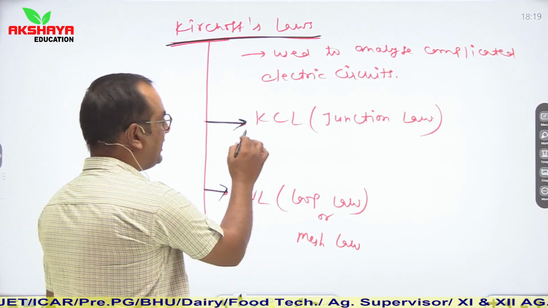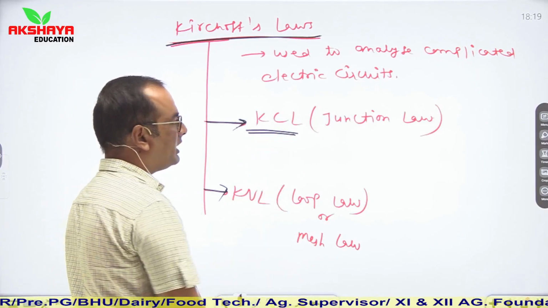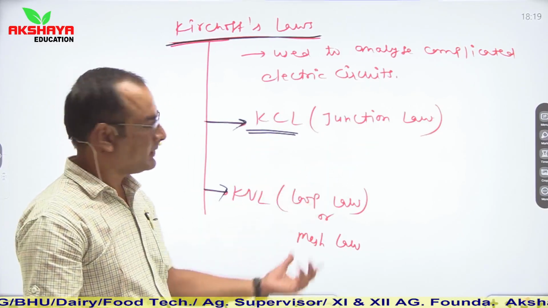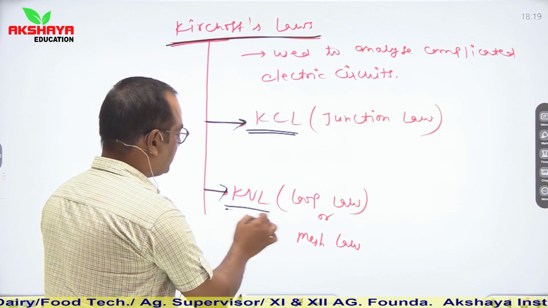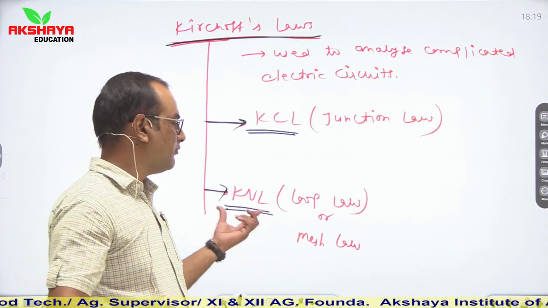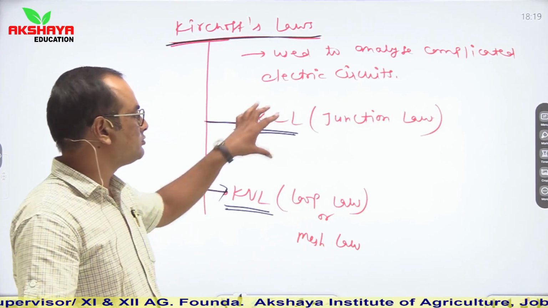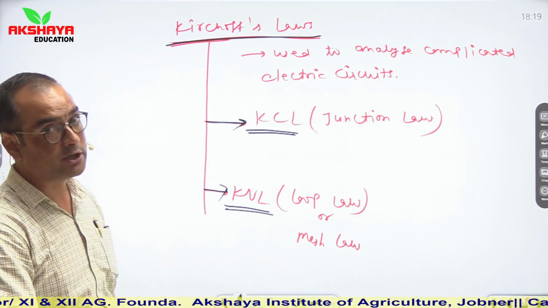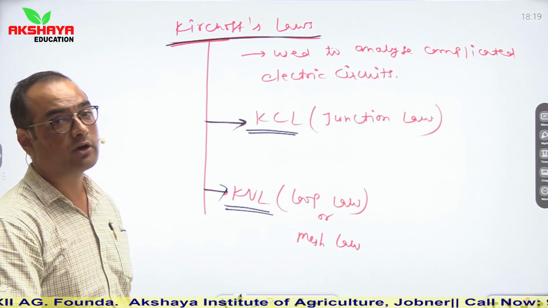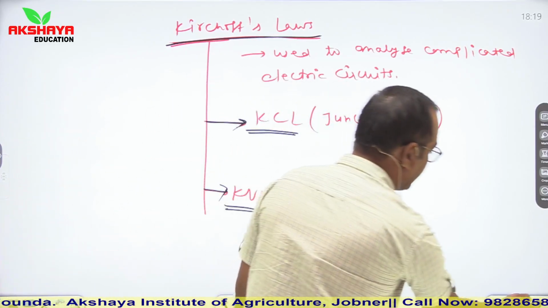One is KCL, Kirchhoff current law, also known as junction law. The second one is KVL, Kirchhoff voltage law, also known as loop law or mesh law. These two laws are generally used to analyze any complicated electric circuit. So let us see how.